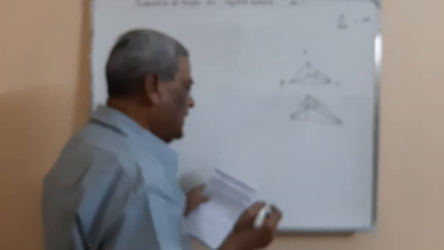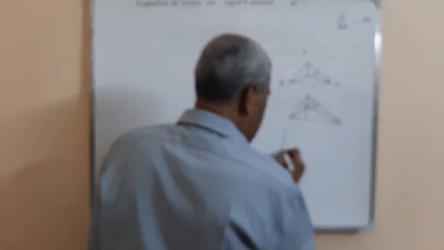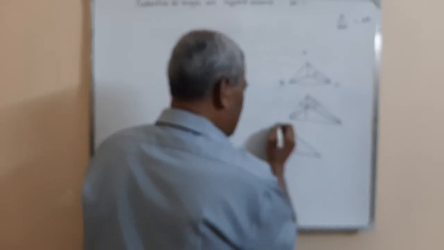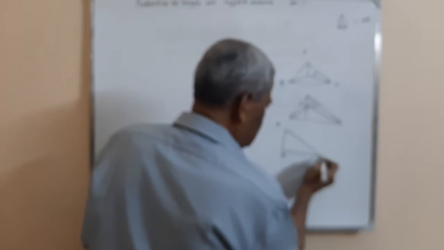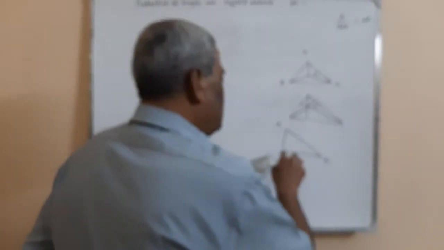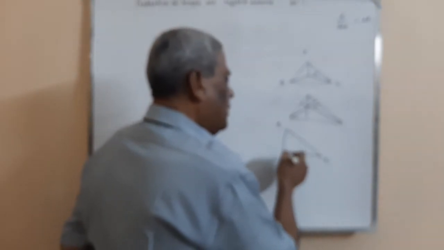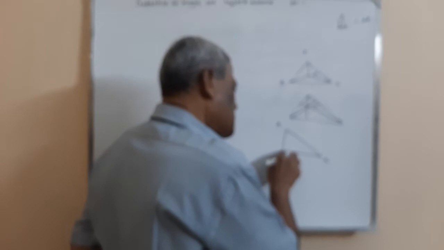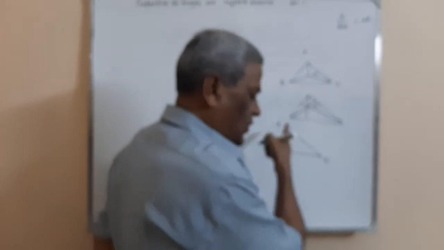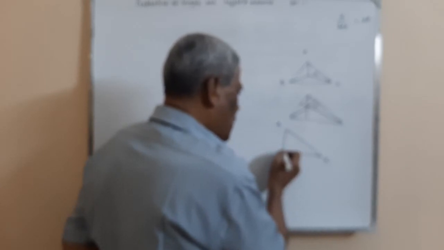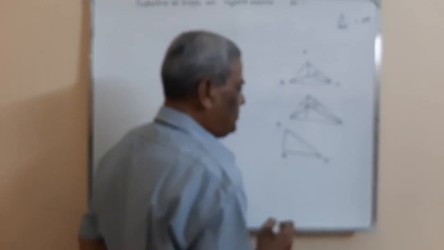One very important thing is that if a triangle ABC is right angled, with angle B 90 degrees, then this vertex B is the orthocenter of the triangle, because from this vertex the perpendicular is drawn on the opposite side, which is AB.